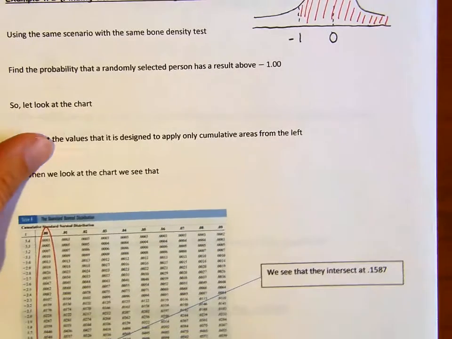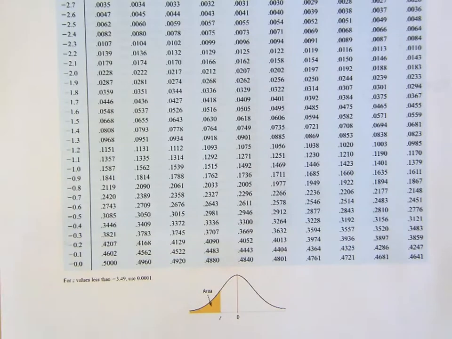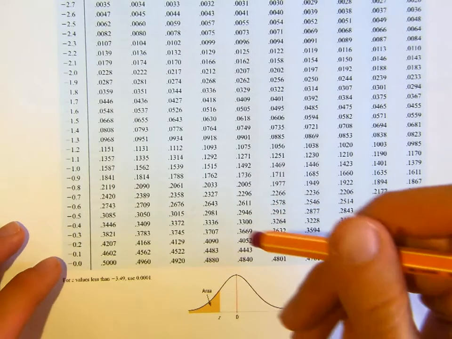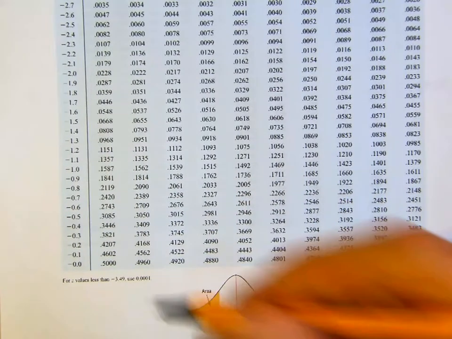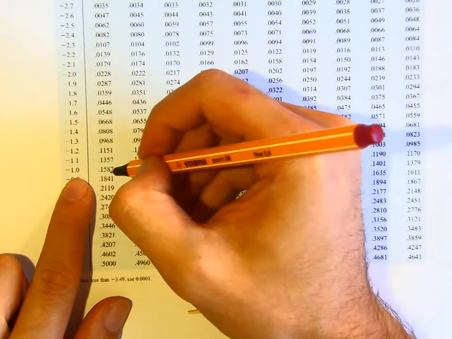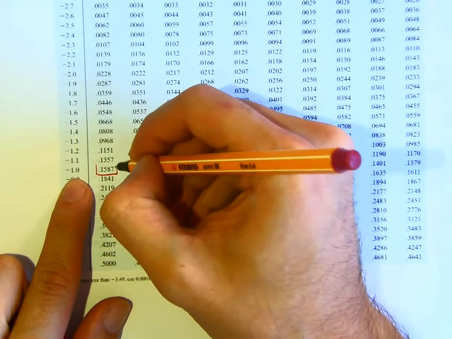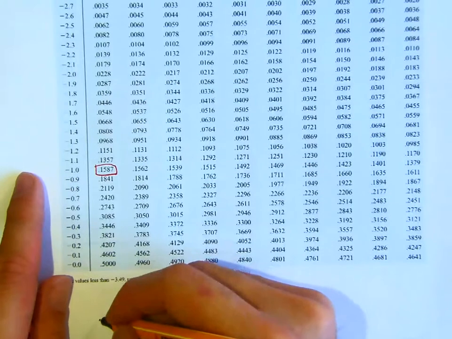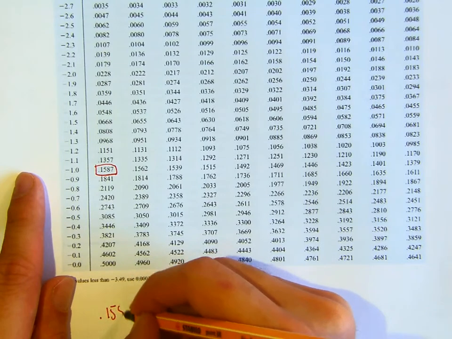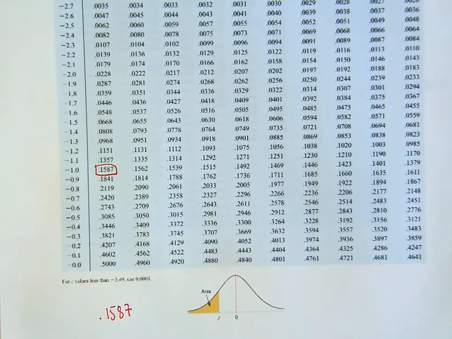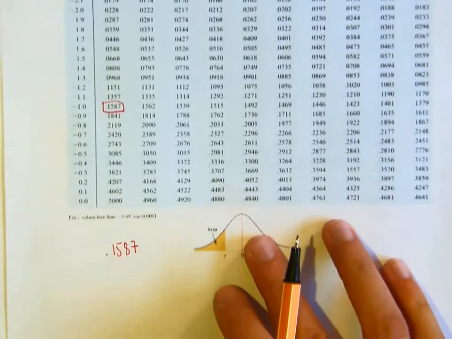Here, where is negative 1.0? It is right here. Negative 1.00 is right here. So notice that this 0.1587, right? What does this 0.1587 represent?